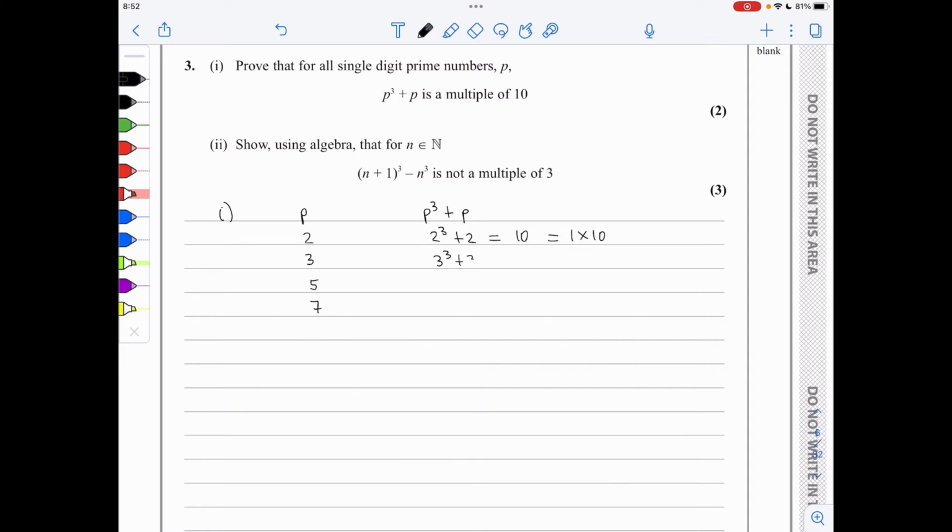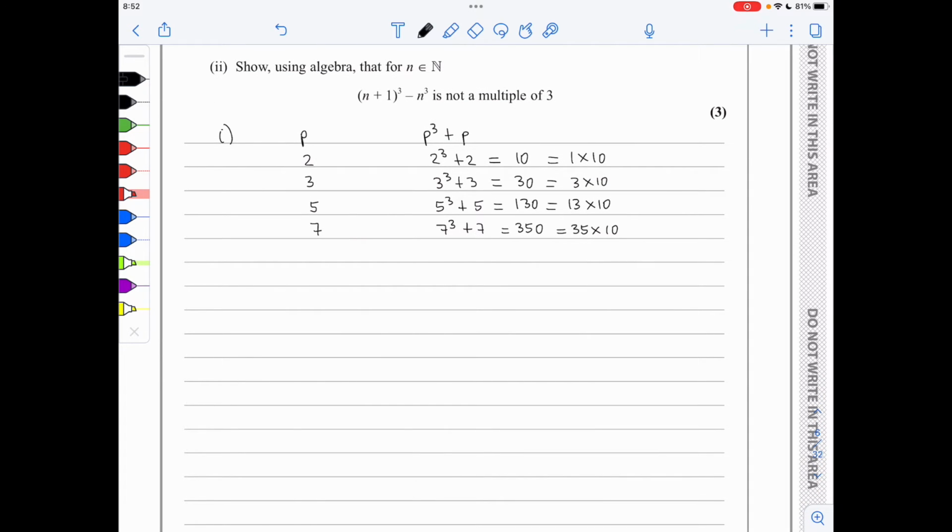3 cubed plus 3 is 27 plus 3, which is 30, so this is 3 times 10. 5 cubed plus 5 is 125 plus 5, which is 130, so again, a multiple of 10. And 7 cubed plus 7 is 343 plus 7, which is 350, so this is 35 times 10. So we have investigated on a case-by-case scenario, and we have found in every single case that we indeed get a multiple of 10.